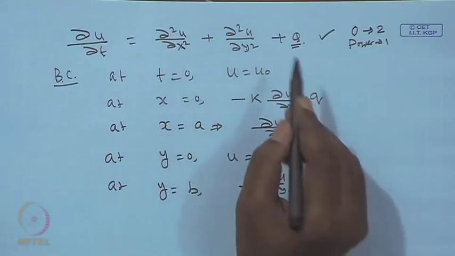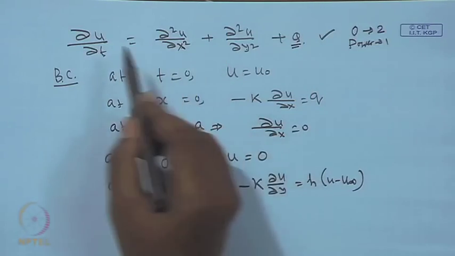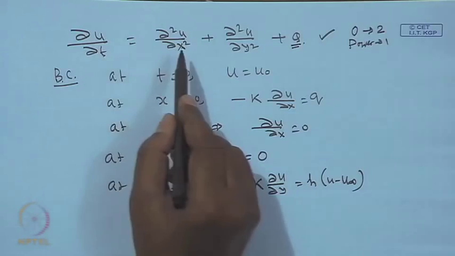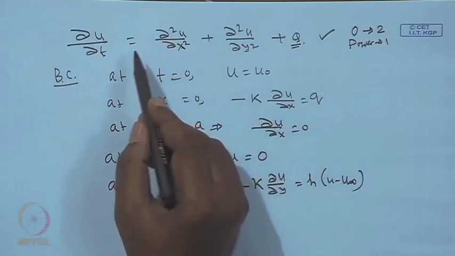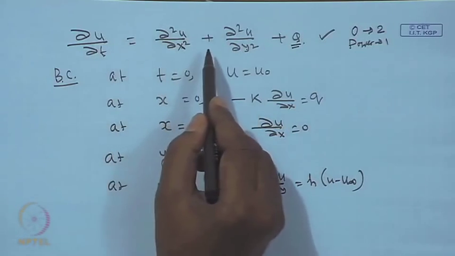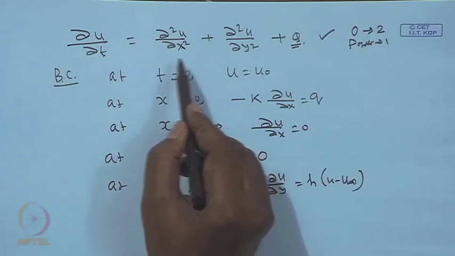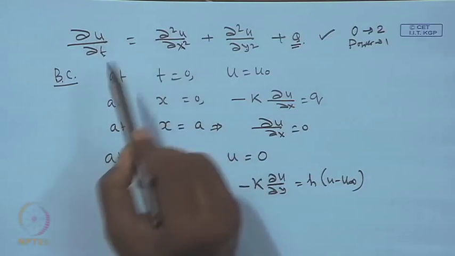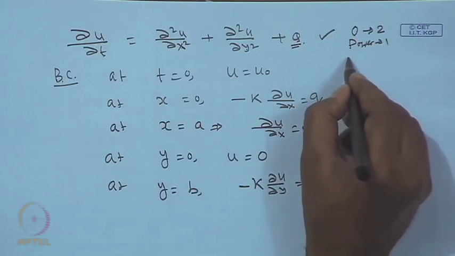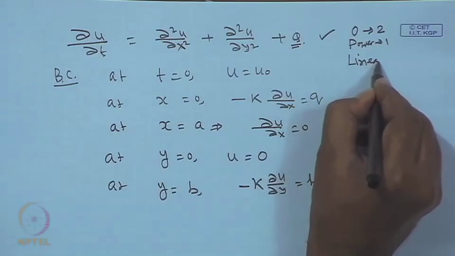This equation is linear because no term has a power not equal to 1 or higher, and there is no term which is a product of the dependent variable and its derivative. So, this is a linear partial differential equation.